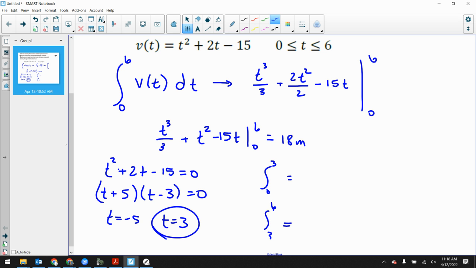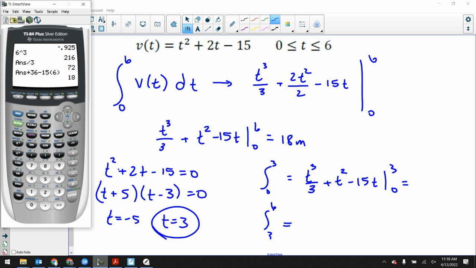All right, so 0 to 3, that's going to be t to the third over 3 plus t squared minus 15t from 0 to 3. Let's figure out what that is. The nice part about that one is that, again, it's going to zero out on the right side. So it's going to be 3 to the third divided by 3 plus 9, 3 squared, minus 15 times 3.